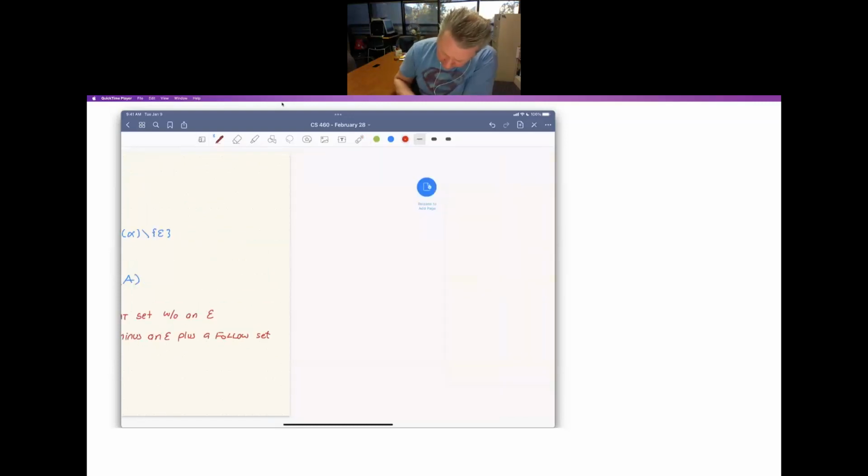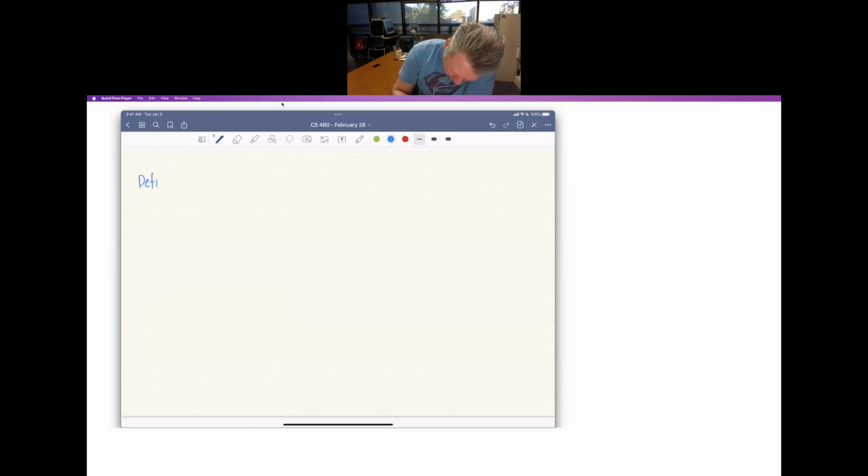So what if I defined, maybe not in red, that's so aggressive, a new set, and I'm going to call it a predict set. And we're going to define it in the following way.